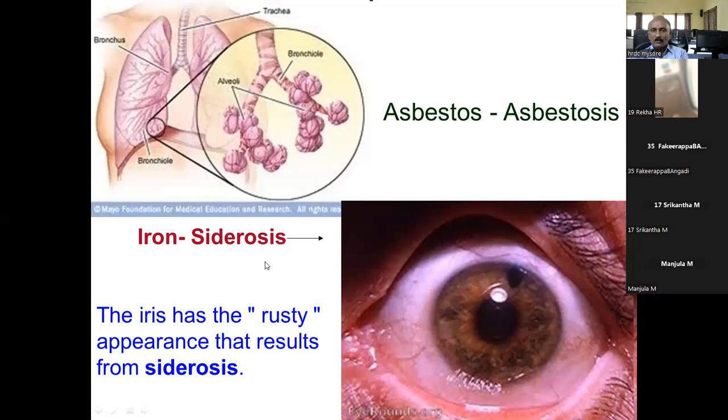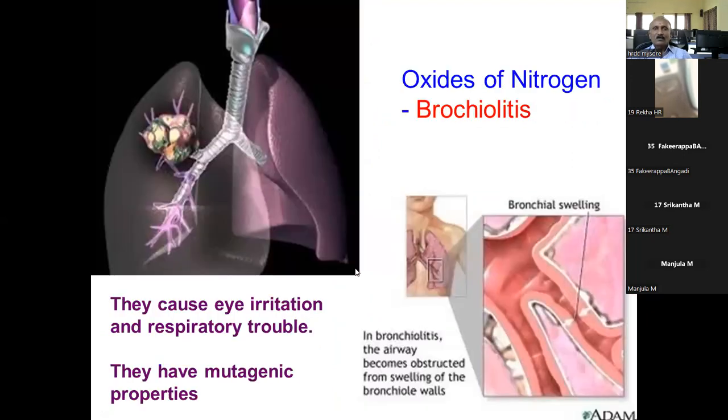If you are exposed to iron particulate matter, dust containing iron, especially in mining areas, and there is a disaster in iron mining areas, it may result in a rusty appearance of the eyes, and the disease is referred to as siderosis. Such things may result.